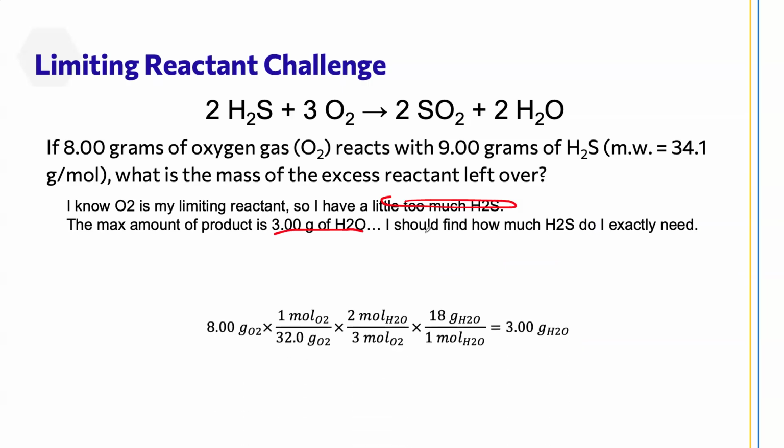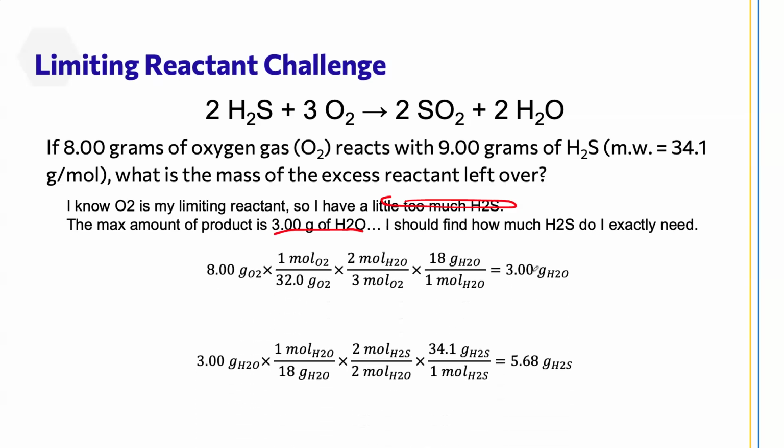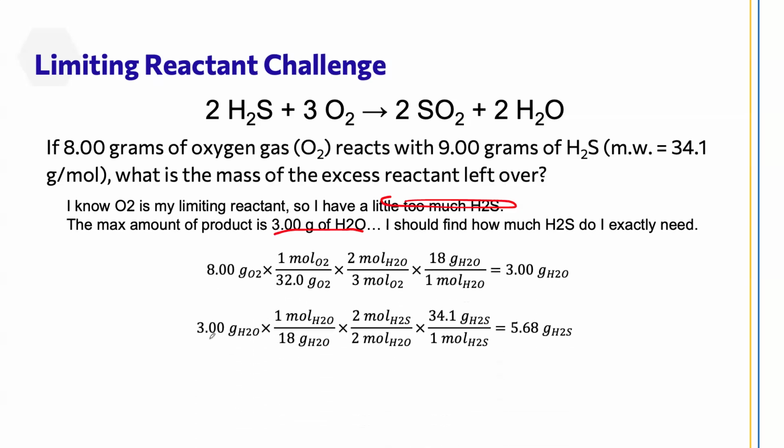So this is from the last slide. Using 8 grams of O2, I produce 3 grams of H2O. Now I'm going to use 3 grams of H2O to back calculate how much H2S I ideally need. So I'm going to do this backwards. Given H2O, find H2S.